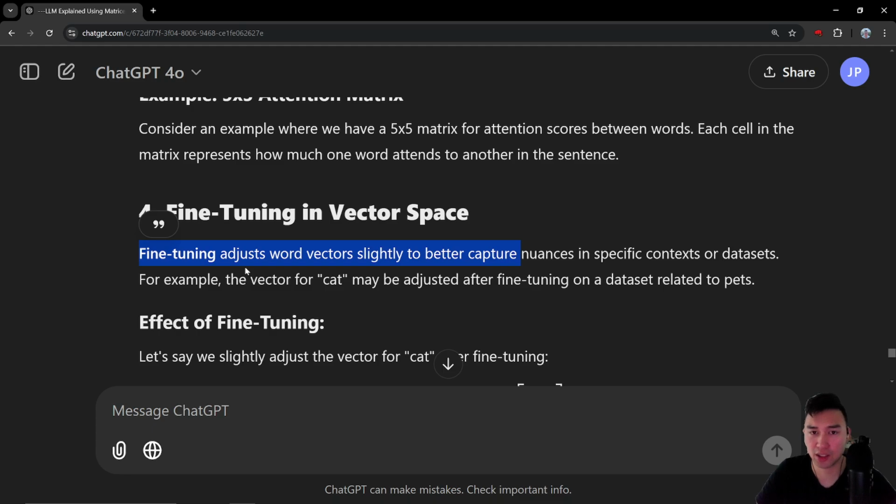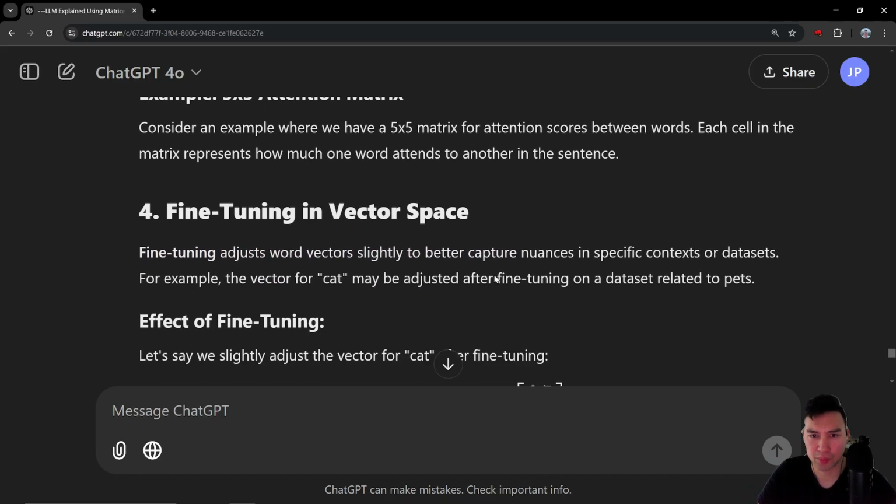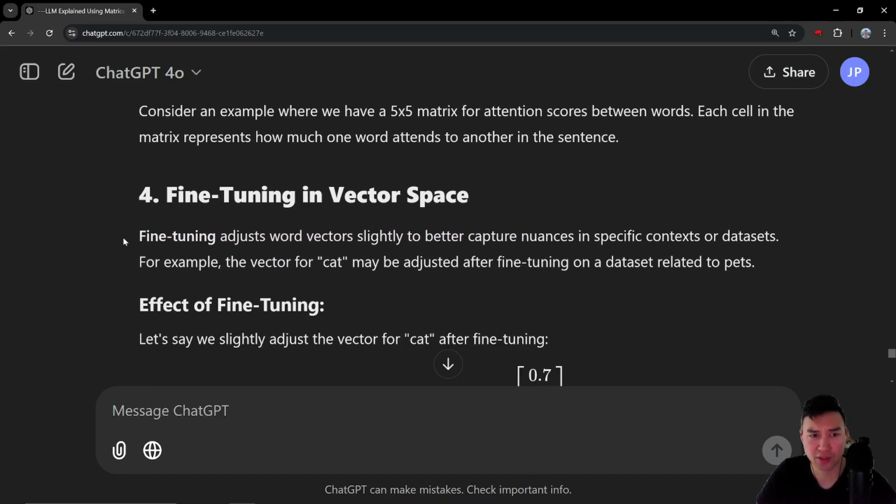If you feed enough information into a large language model, it starts to make associations between fine tuning, adjusts, words, things like that. And it calculates the probability of what the next word is. That's how next token prediction works.